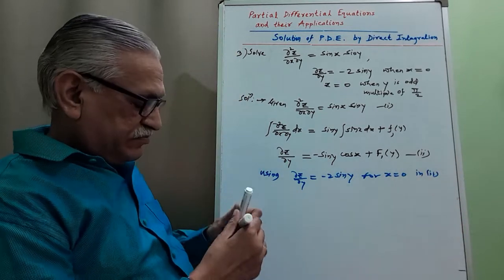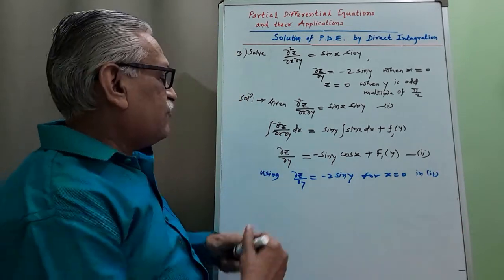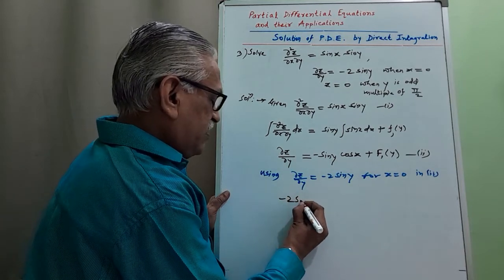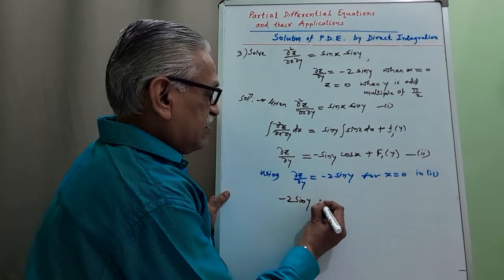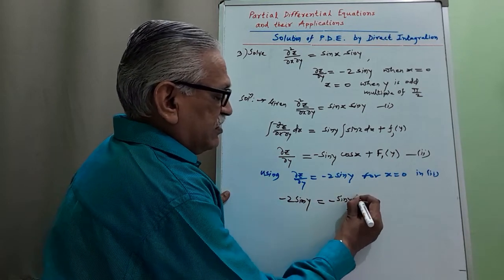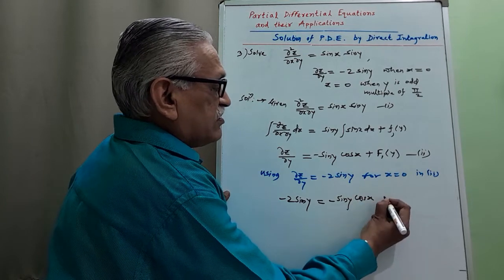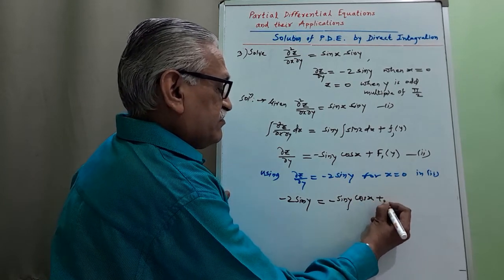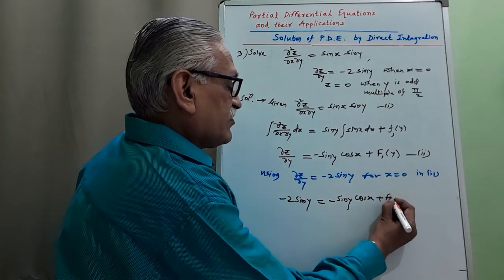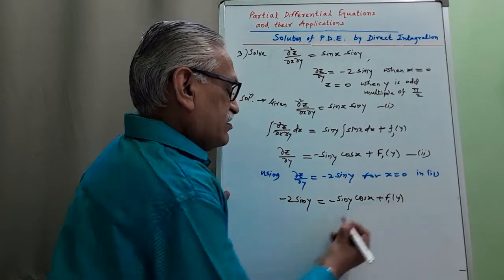We get, therefore, the value of ∂z/∂y, minus 2 sin y, is equal to minus sin y into cos of x plus f1 of y cos 0.